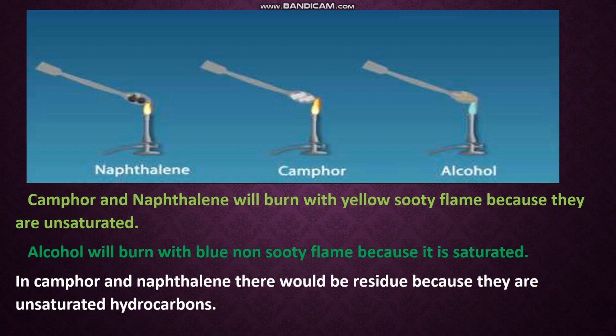If unsaturated carbon compounds undergo combustion, a carbon residue will be left over, appearing as soot. So they burn with a yellow sooty flame, because the carbon content is more in unsaturated carbon compounds.